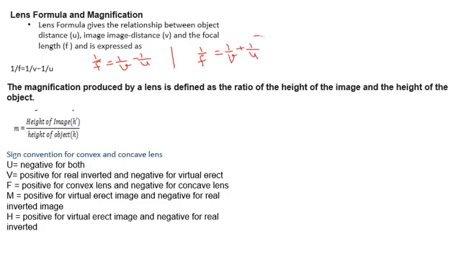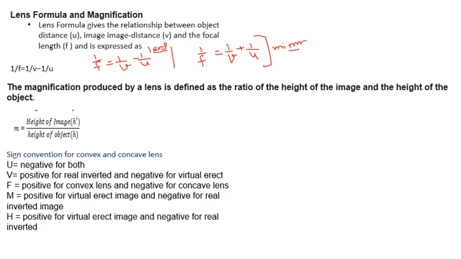This is my mirror formula, right? And this is my lens formula. So try to remember only one formula, and the other is just the opposite of the first one.